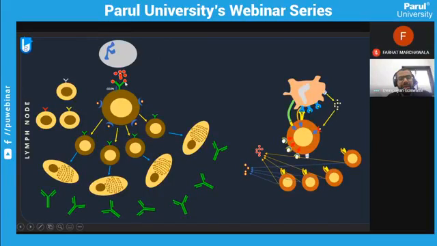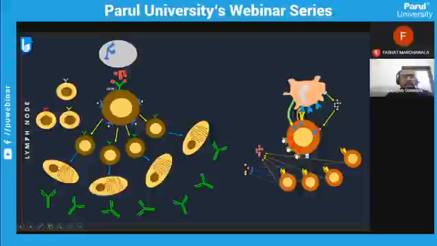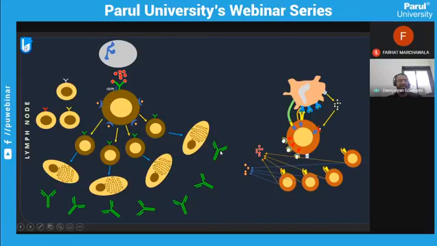The antigens is also a part of clonal proliferation. Something is taking place inside, which is known as class switching. Why?